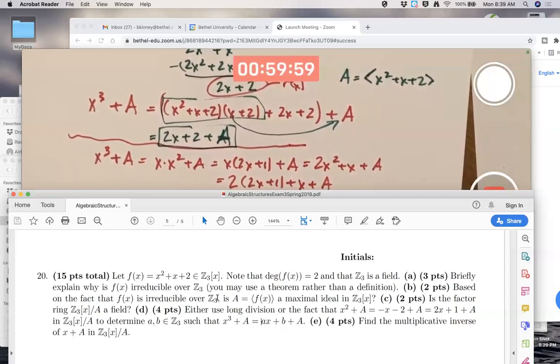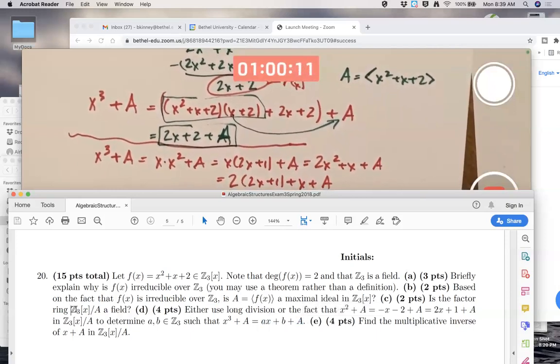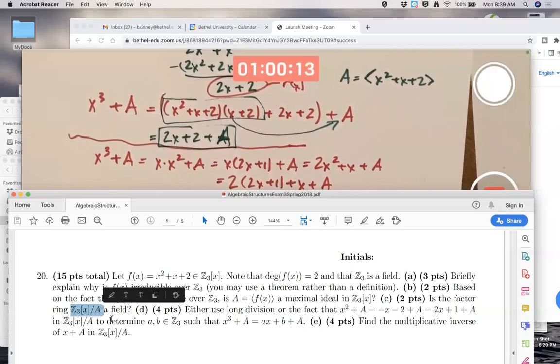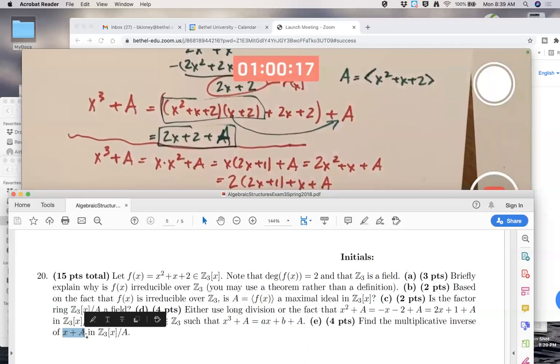They're in Z3. 3 times 3 is 9 choices for possible elements in the factor ring, which is a field. This is a 9-element field, this thing. This is one of the 9 elements. It's a non-zero. What's its inverse in this factor ring that is also a field?